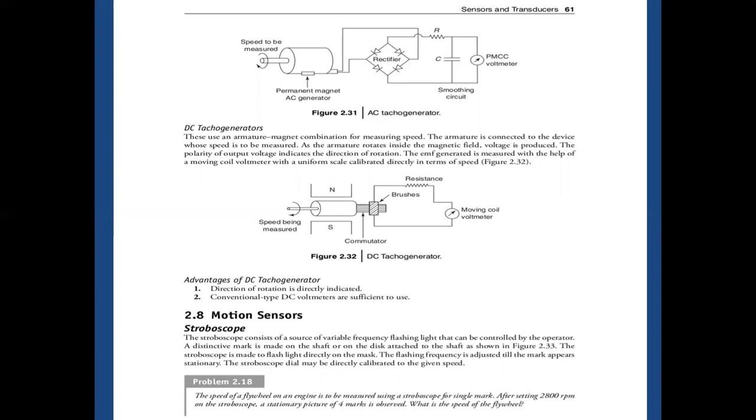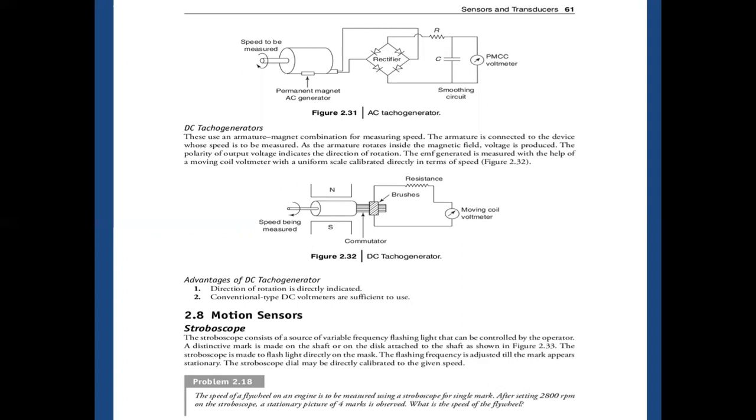The speed of the flywheel. Suppose the speed of a flywheel on an engine is to be measured using the stroboscope for a single mark. I have an engine which has a flywheel, measured using a stroboscope.